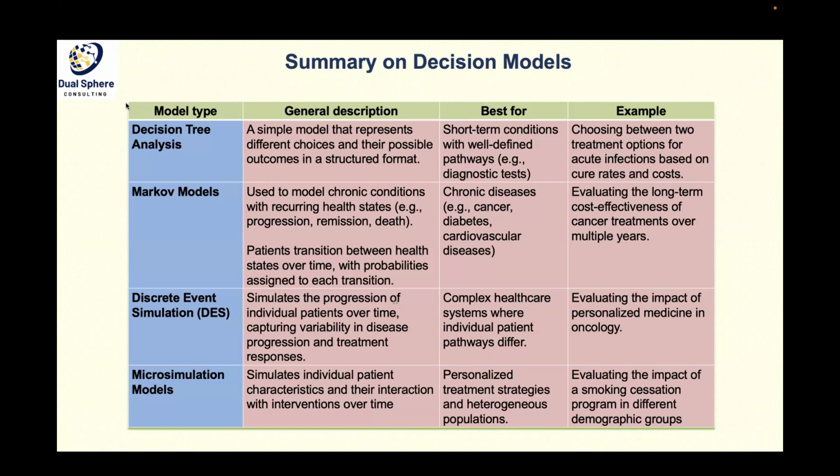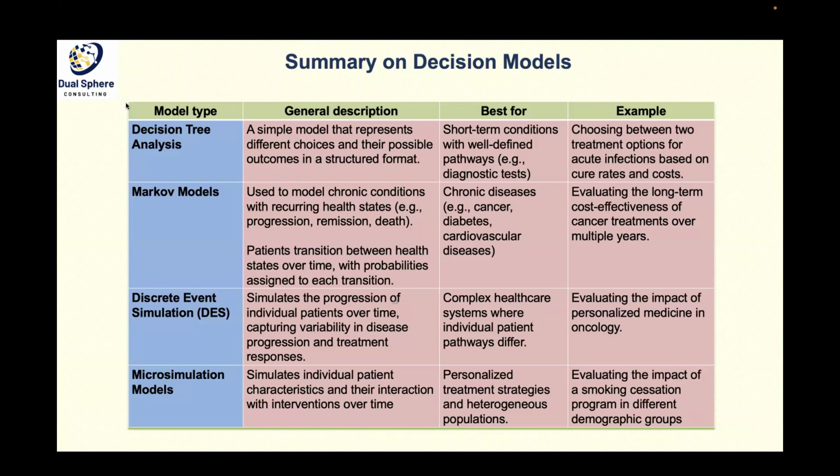So, micro simulation, was it clear up to discrete event simulation? Yes. Okay. So, micro simulation simulates individual patient characteristics and their interaction with the interventions over time. For patients who have individualized treatment, micro simulation is the best. Which one should be used when?